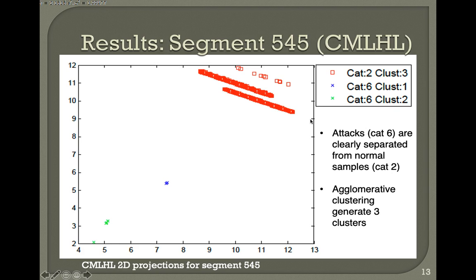We can see that in case of cooperative maximum likelihood Hebbian learning, the final projection of this data set after applying agglomerative clustering, we'll see how this method can easily differentiate the normal behavior, in this case the category number 2, the red squares, from the attacks, in this case the type of attack number 6, which are the blue and the green dots.